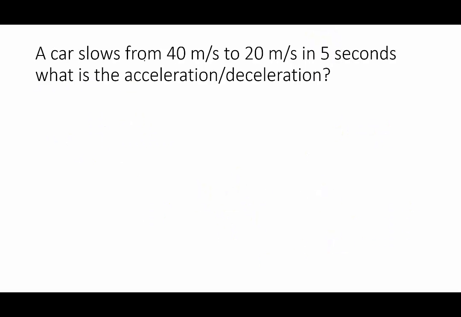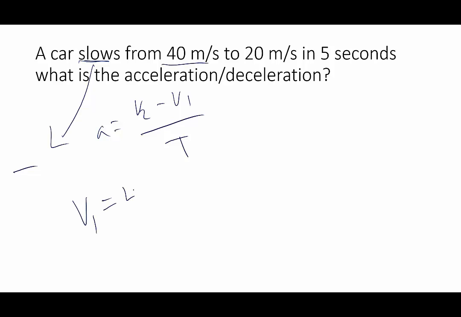All right, a car is going to slow from 40 meters per second to 20 meters per second in 5 seconds. What's the acceleration or deceleration? Anytime something slows down, it's going to be a negative number. So just keep that in mind. Acceleration equals V2 minus V1 over time. It's going to go from 40, so V1 equals 40, to V2, which equals 20.